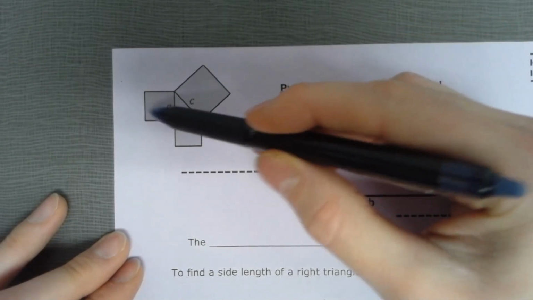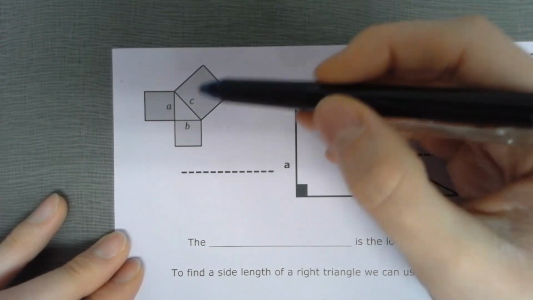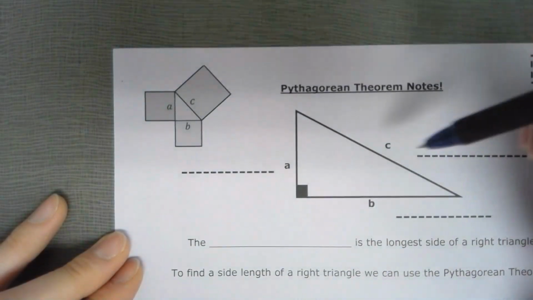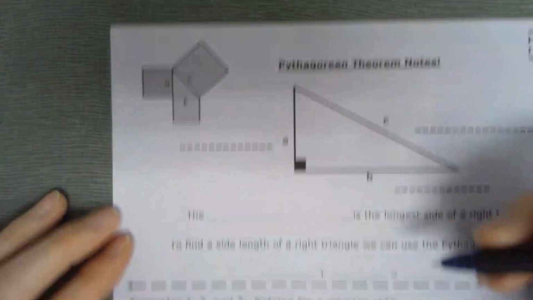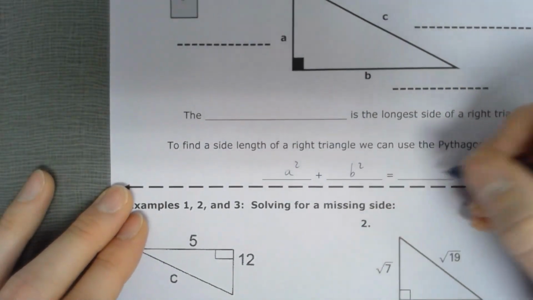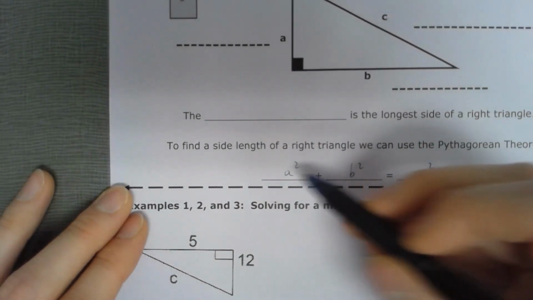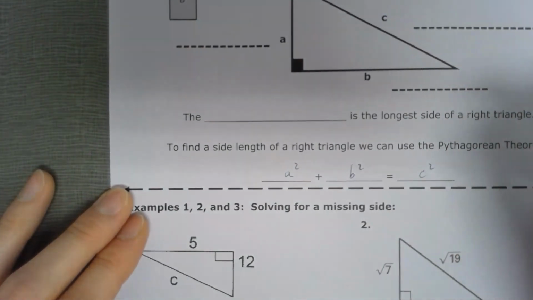So if you add A's square and B's square, you get C's square. We express this in algebra as A squared plus B squared equals C squared. The squared operation being A times itself, B times itself, and C times itself.